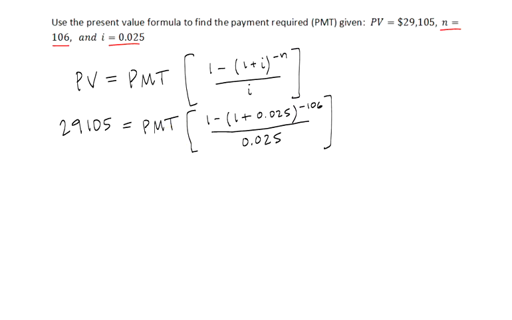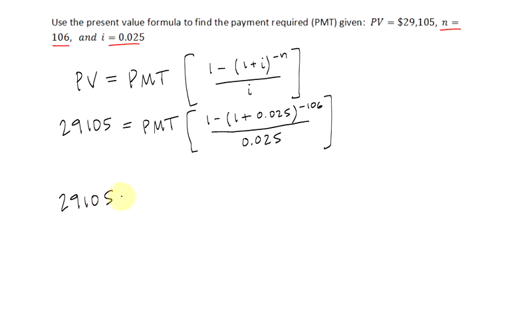The first thing I'm going to do in that venture is simplify this monster here on the right hand side, and I'm going to do that using the order of operations. So we have brackets on the outside, and on the inside we have this set of parentheses. Working from the inside out, I'm first going to simplify 1 plus 0.025, and I'm going to rewrite everything else.